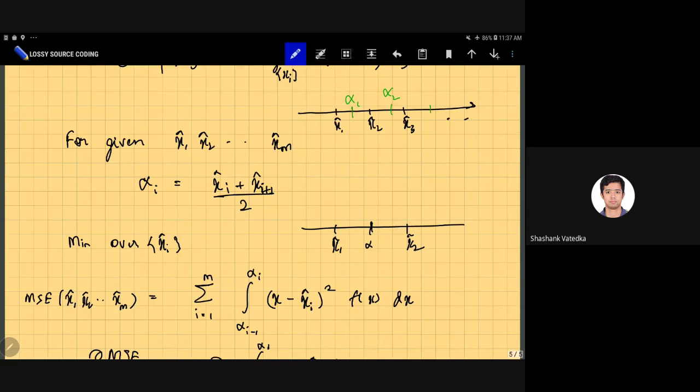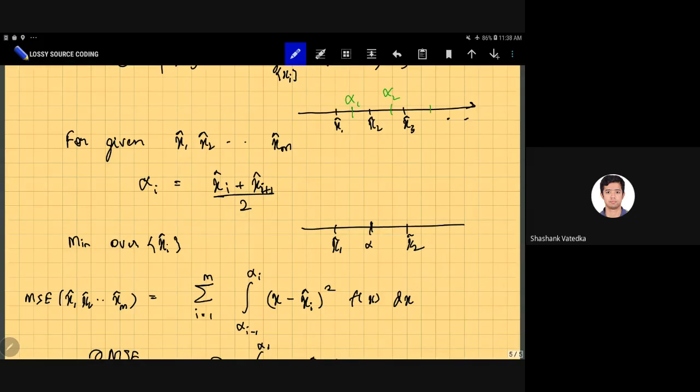So Sheikh has pointed it out. It's when the distribution is sort of symmetric about the midpoint, right? If it is not symmetric over the midpoint, then the optimizing alpha would not be exactly in between x1 hat and x2 hat. Right?